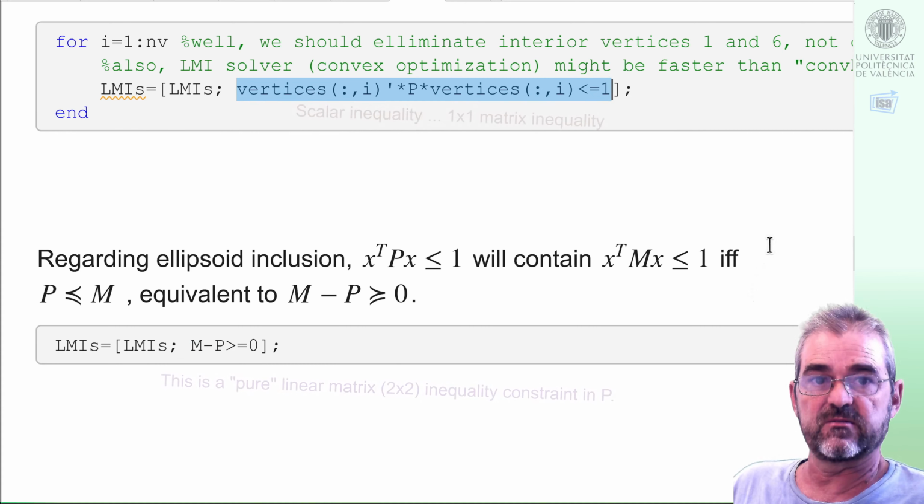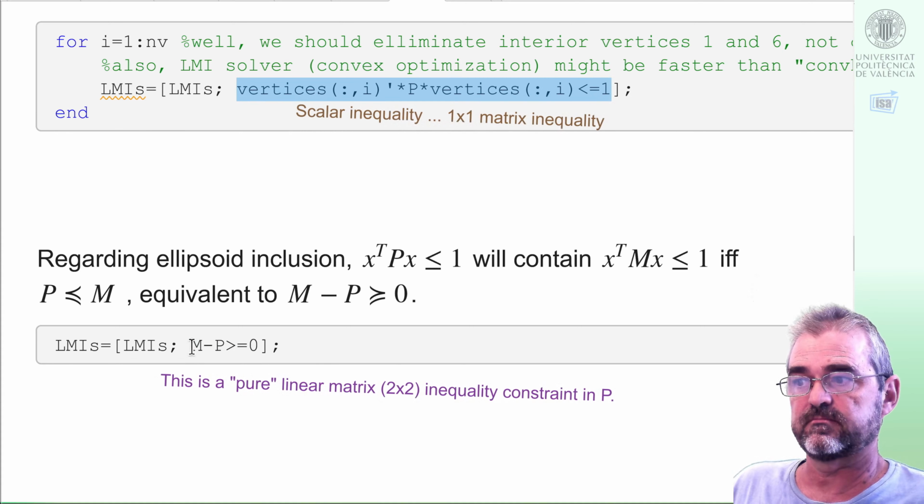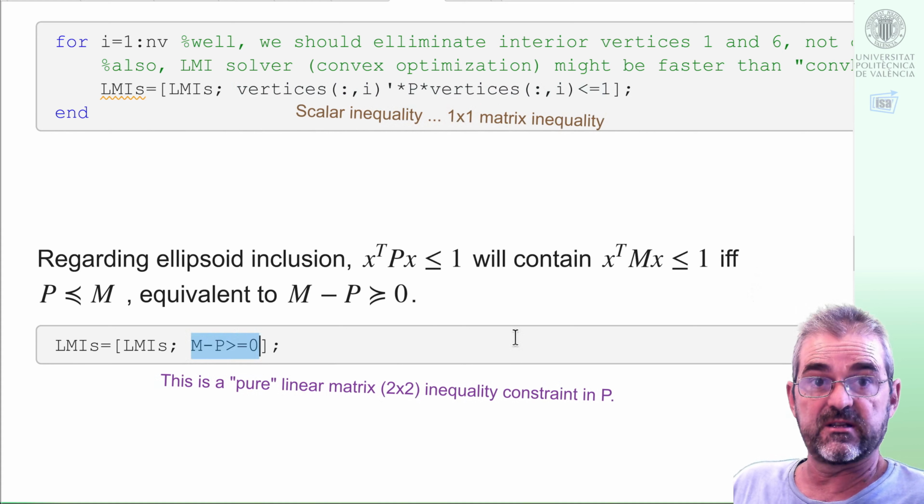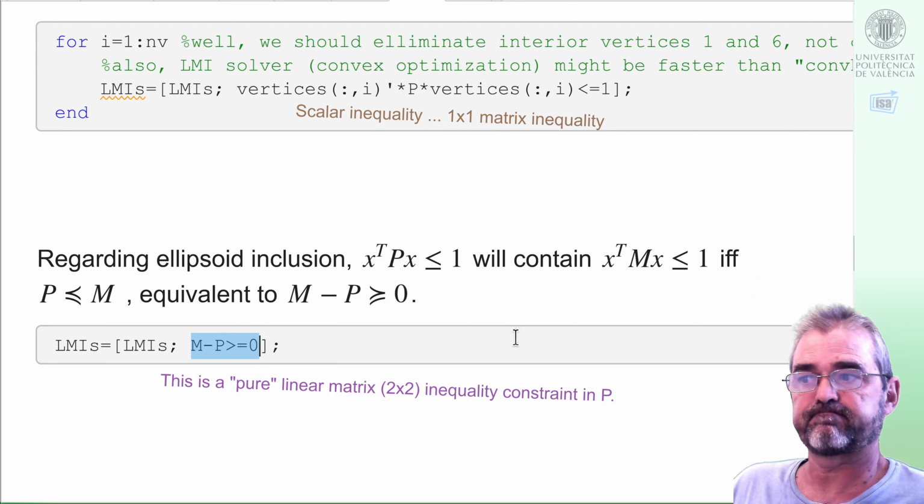You can handle that with linear programming code, but this inequality regarding eigenvalues of a matrix, you cannot handle it with linear programming stuff. You need semi-definite programming, linear matrix inequality toolboxes. But okay, it's a linear matrix inequality because P appears linearly. We don't have P squared, P inverse, or that kind of stuff.